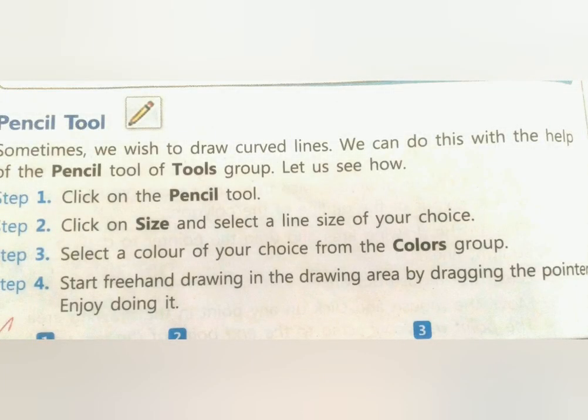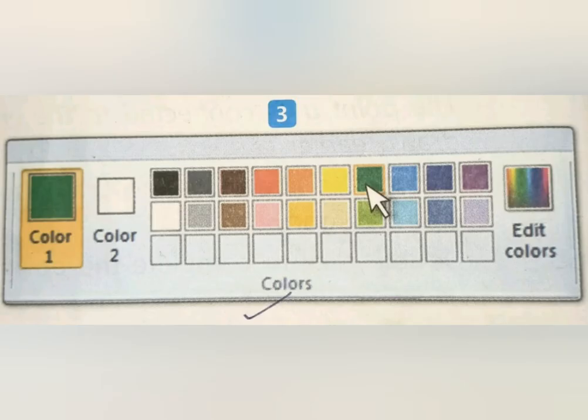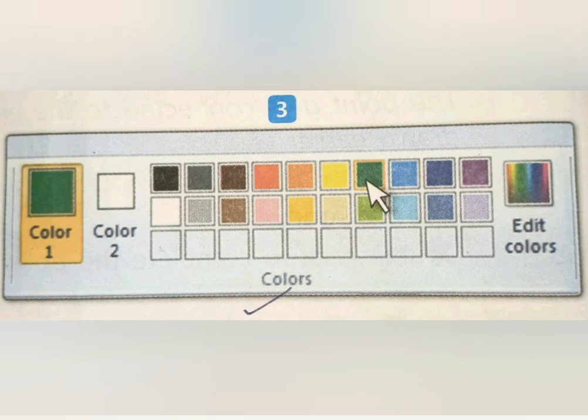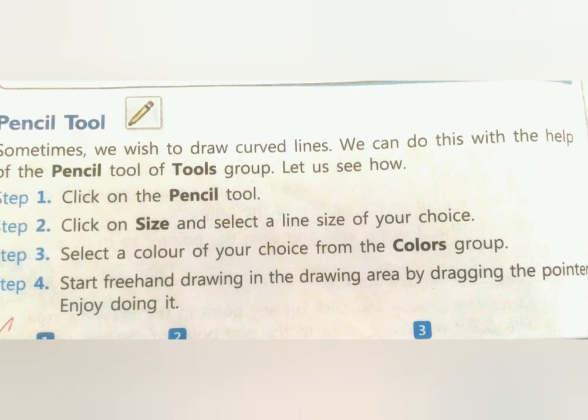Step 3, select a color of your choice from the color group. Step 4, start freehand drawing in the drawing area by dragging the pointer. Enjoy doing it. Then you can draw anything in the drawing area with the help of the pencil.